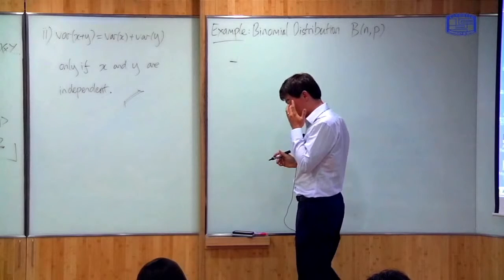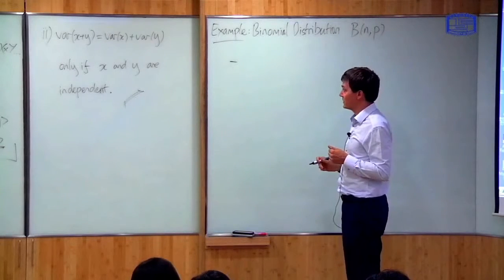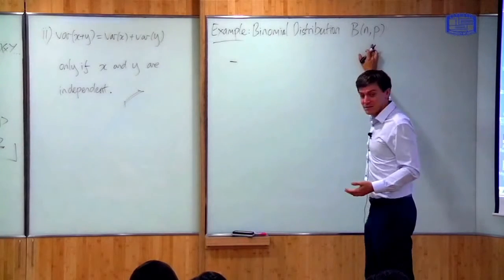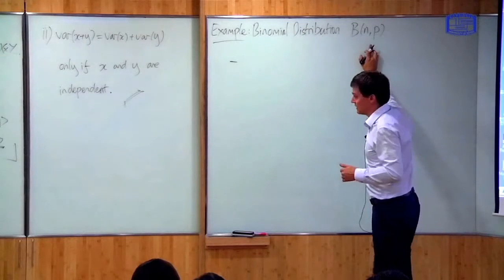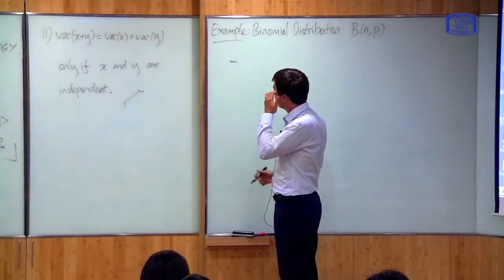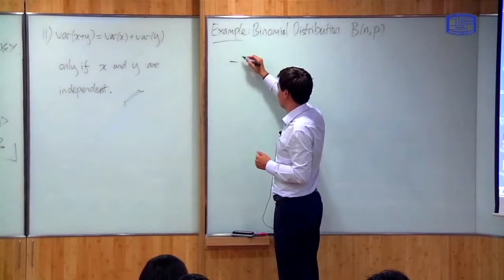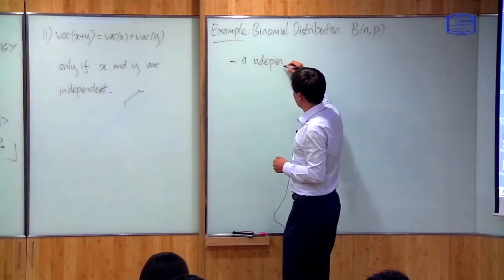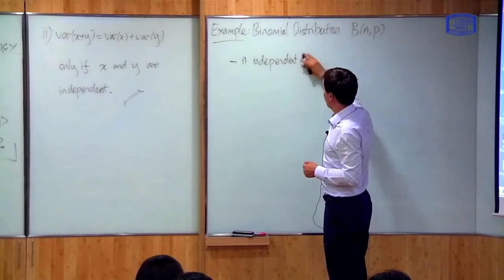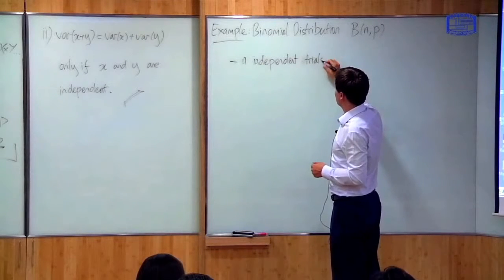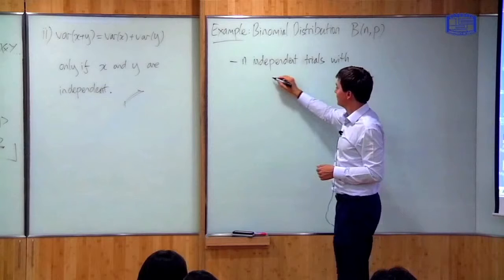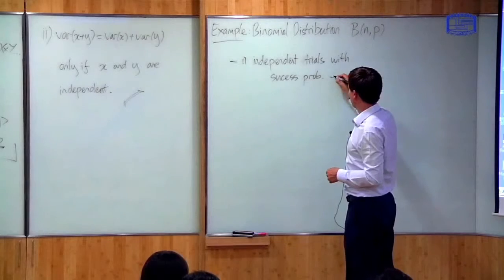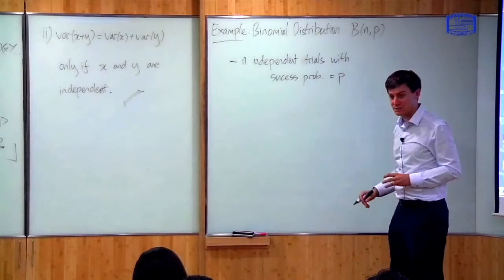Last time we talked about the distribution of a single trial, where you try to do something, you succeed with probability p, and if you succeed you count 1, and if you fail you count 0. So this binomial distribution is a sum of n independent trials with success probability equal to little p. That defines what n and p mean.